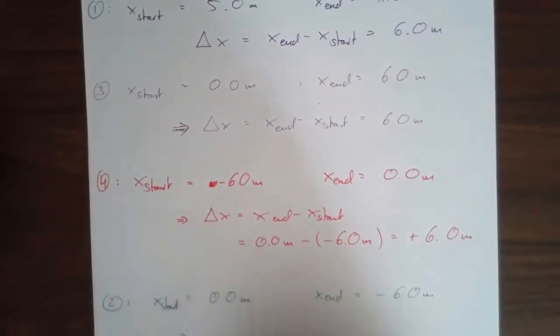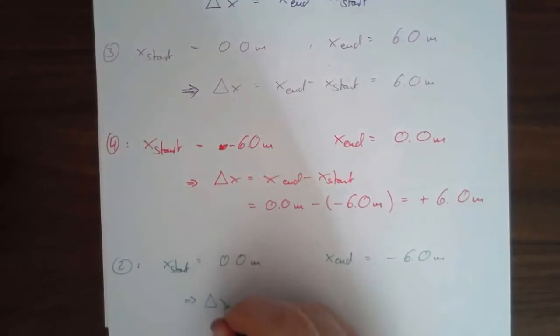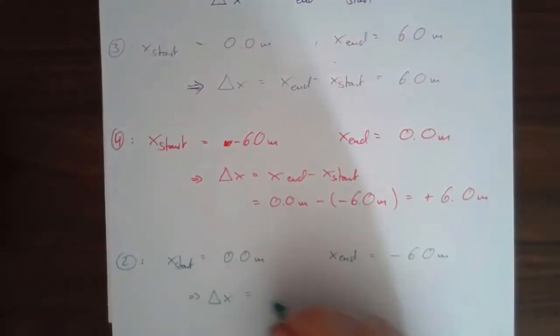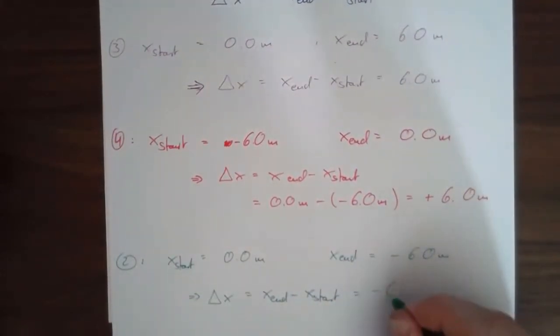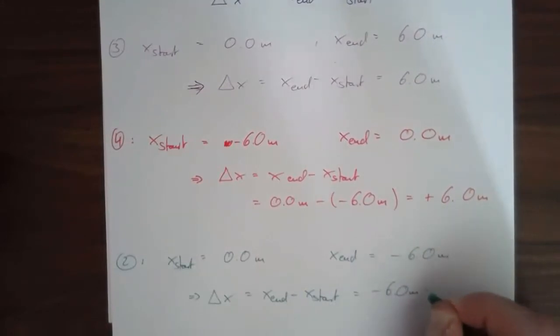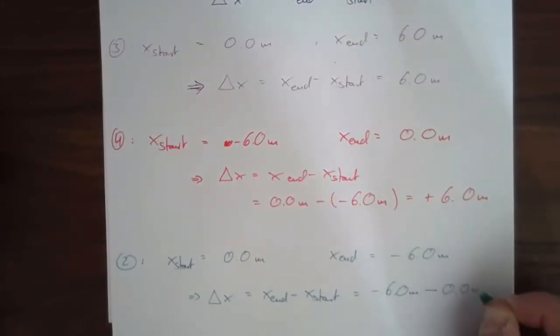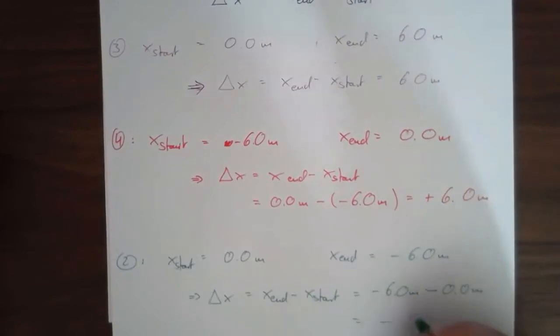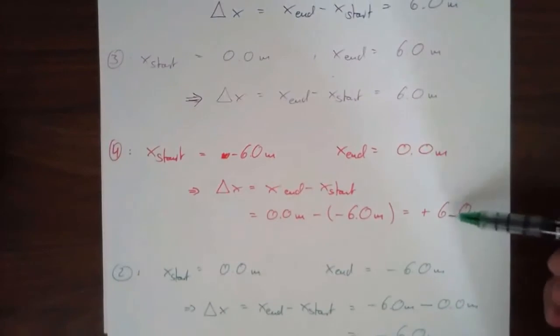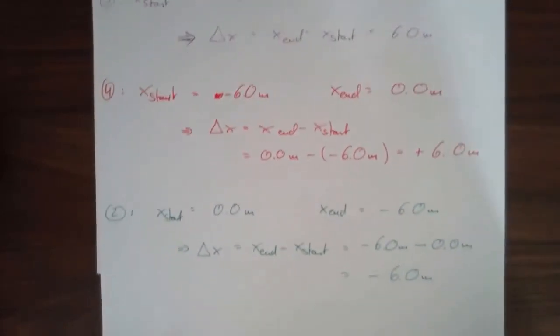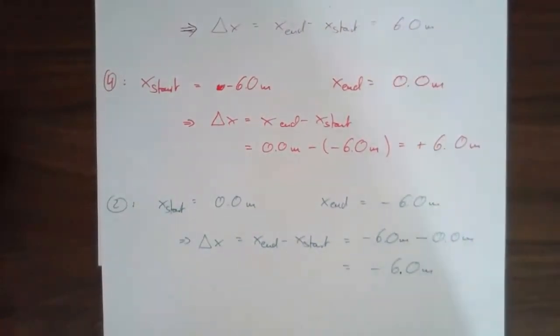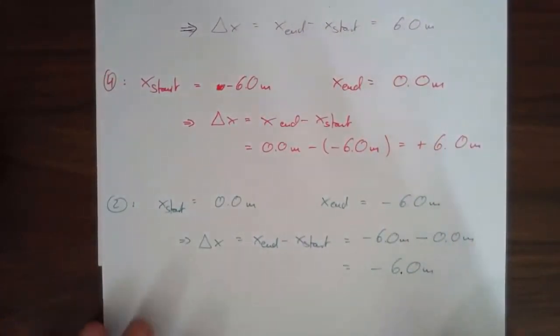And then the displacement, the change in position, will have been x end minus x start, which is minus 6 meters minus 0 meters, which comes to minus 6 meters. So this is different. The answer here is minus. The answer for all of those displacements was plus. It's still 6, right? It's really just a distance.